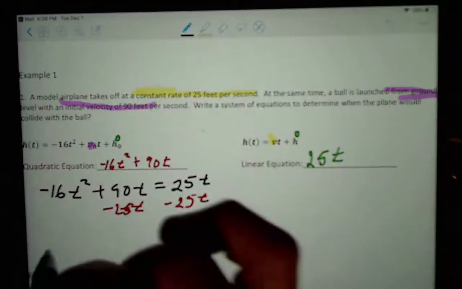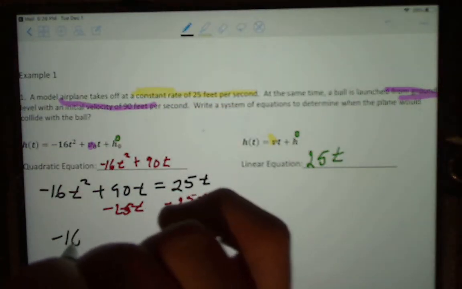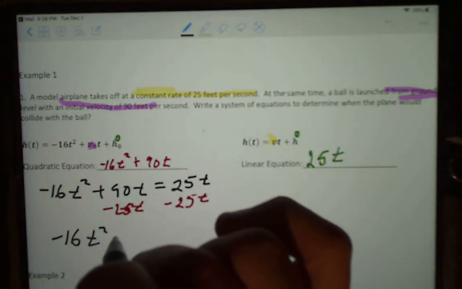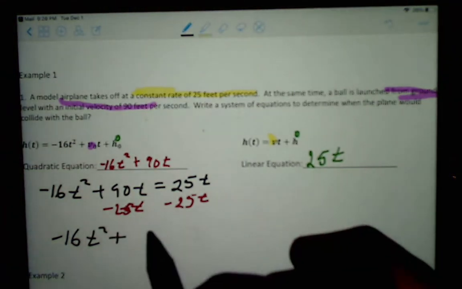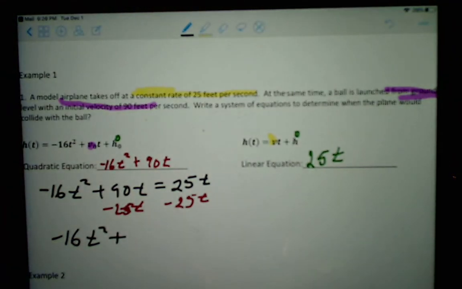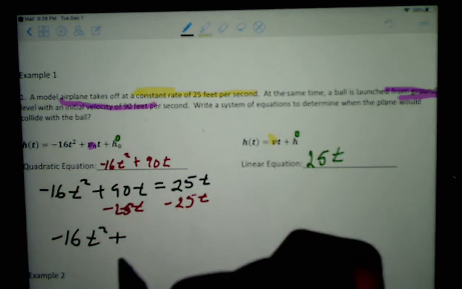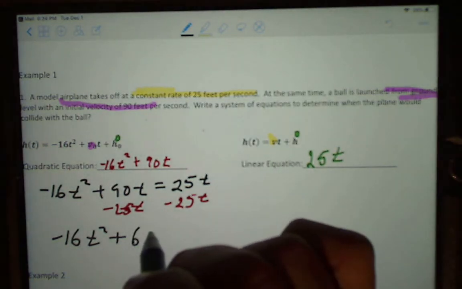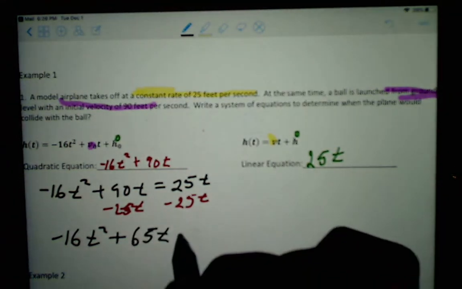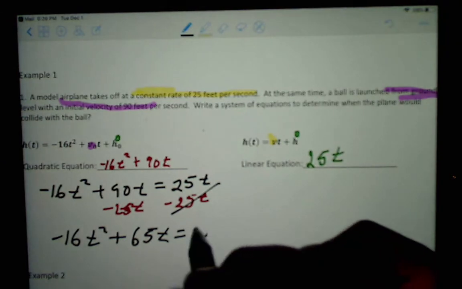So that your equation looks something like this. T squared plus, so 90 minus 25. And again, if you're not sure, put it in your calculator, like I do here, which is 65t. And we know that's going to all be basically equal to 0.